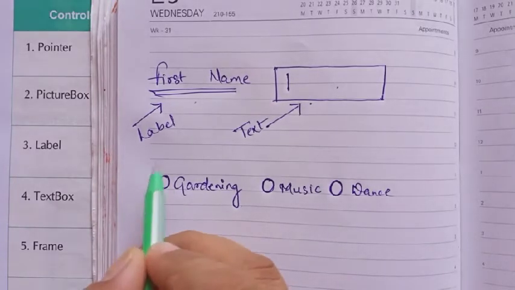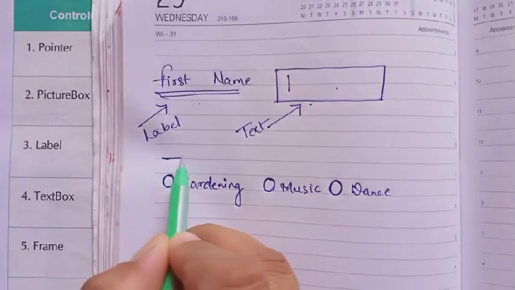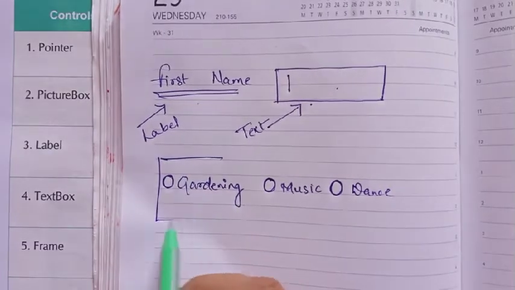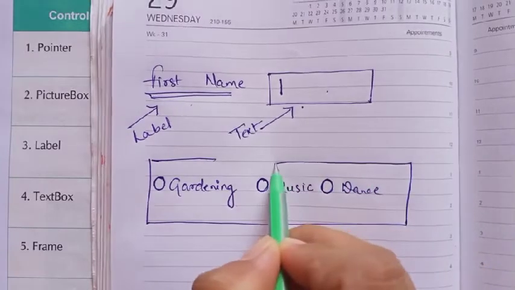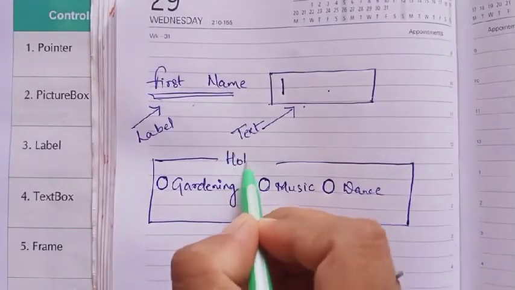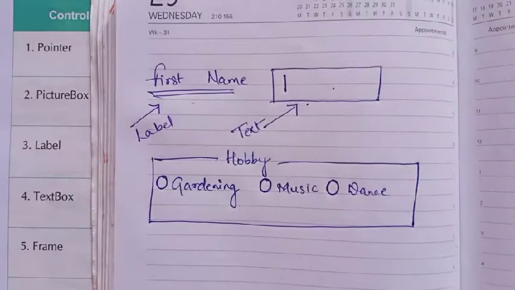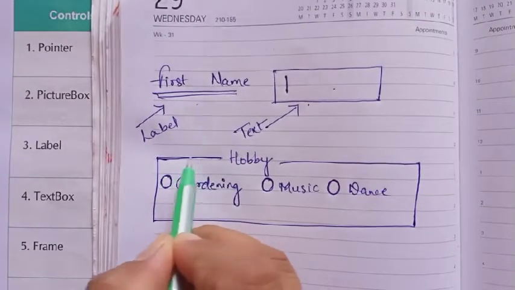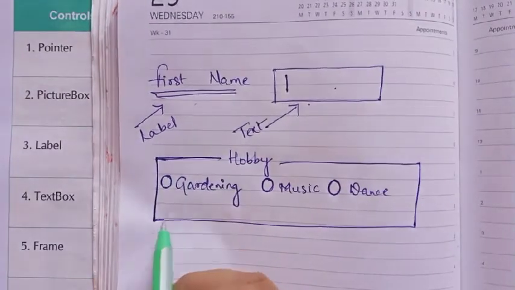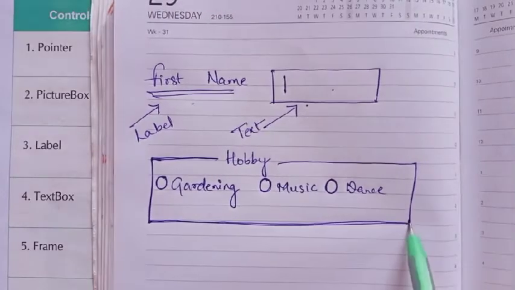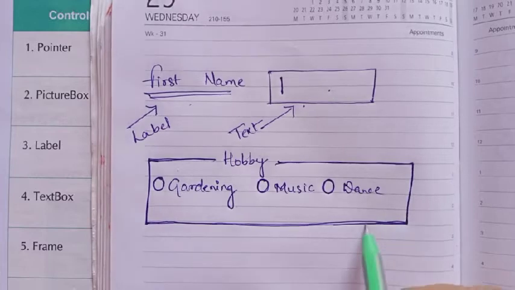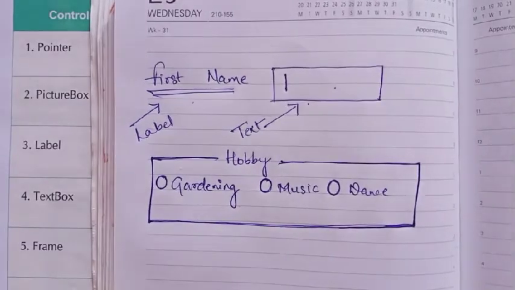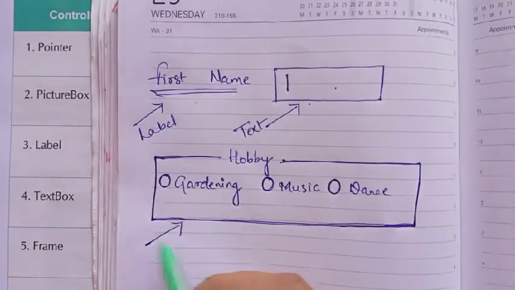So what I can do is collectively keep them all together in one group, and the group is hobby. So you can see a demarcating line around the whole set of choices, around all the three choices. This is done with the help of the frame.